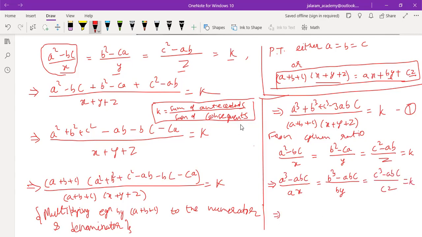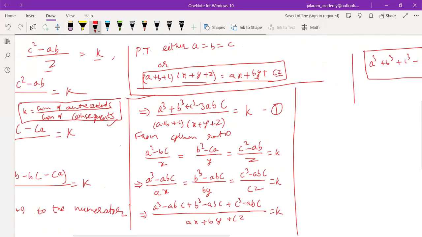Then again use the similar thing. k equals what? Sum of antecedents, (a³ − abc) + (b³ − abc) + (c³ − abc), over sum of consequents, ax + by + cz, equals k.